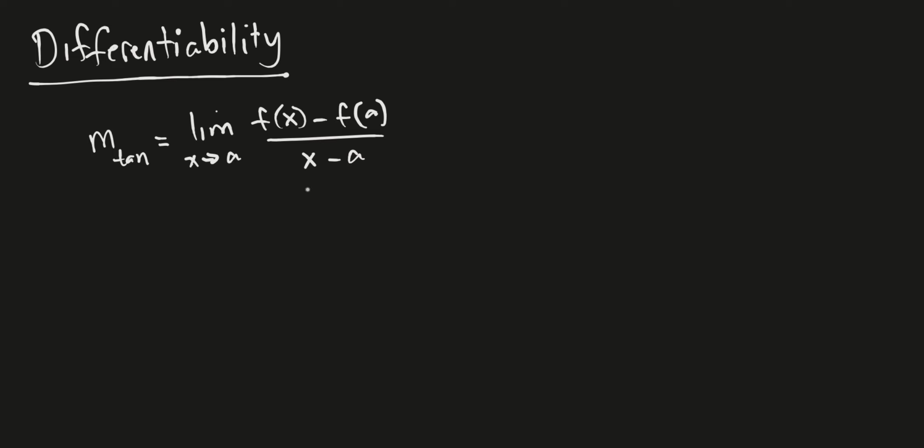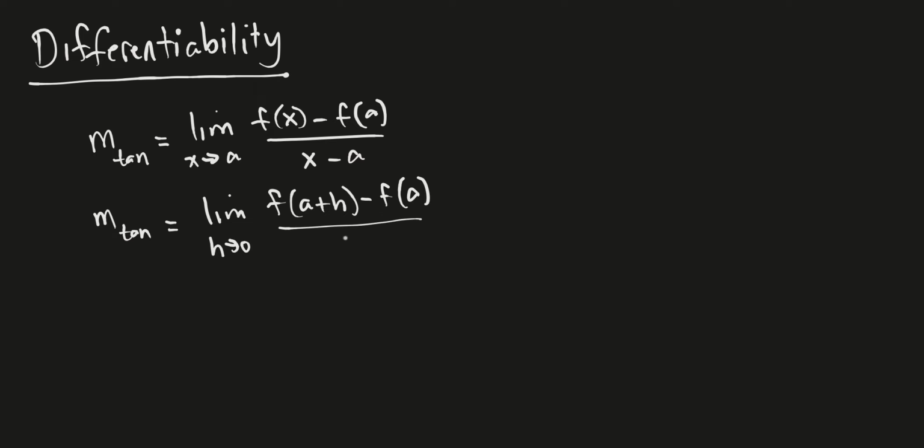And then we modified this slightly and came up with an alternative definition, the limit that involved h going to 0. But it was still at a specific point, so we had expressions like this, f of a plus h minus f of a all over h. So again, both of these represent the slope of the tangent line at a specific point.